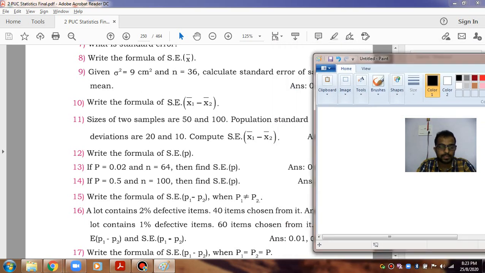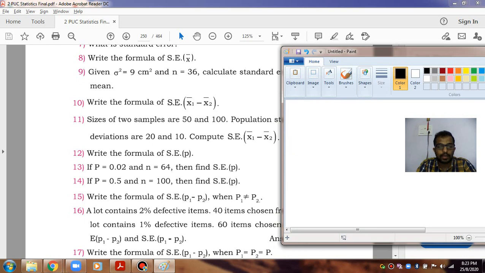Question number 16. A lot contains 2% defective items out of 40, and one more lot contains 1% defective items out of 60.